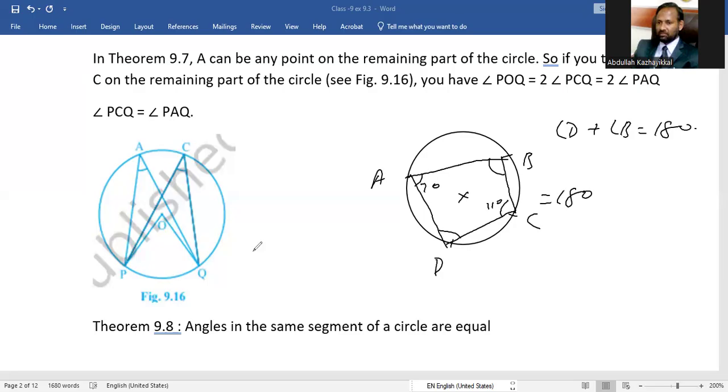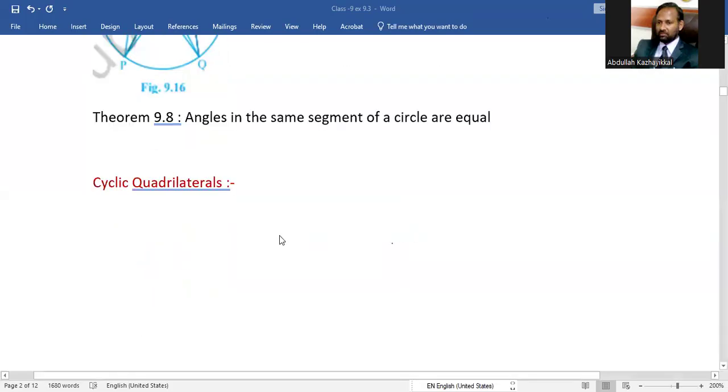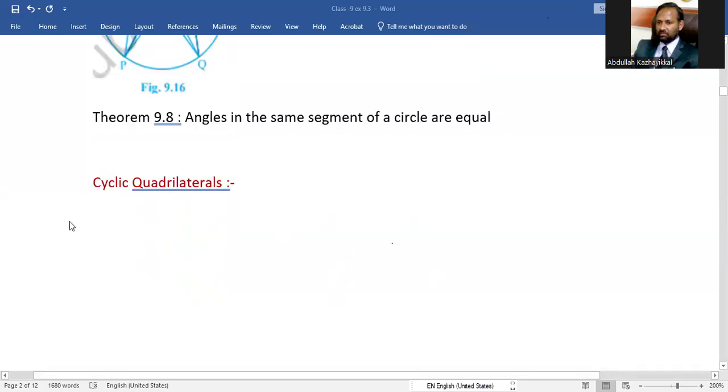Okay, now listen. I am talking about a cyclic quadrilateral. I drew the cyclic quadrilateral.